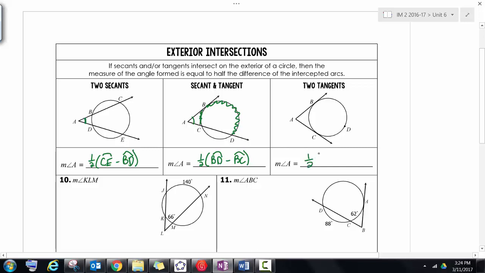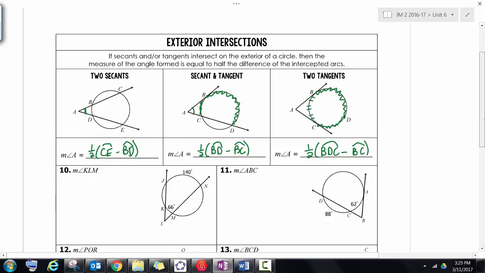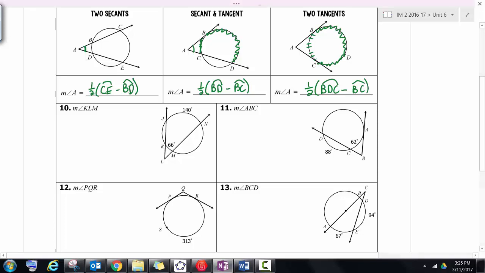So it's still the same thing. Arc BDC, so all the way around here, minus arc BC. So it's again half the difference of the arcs that they cut off, or that they make. So let's try some of these.